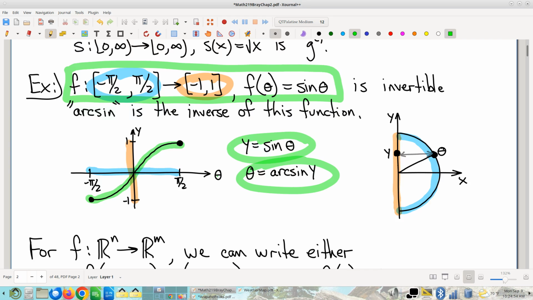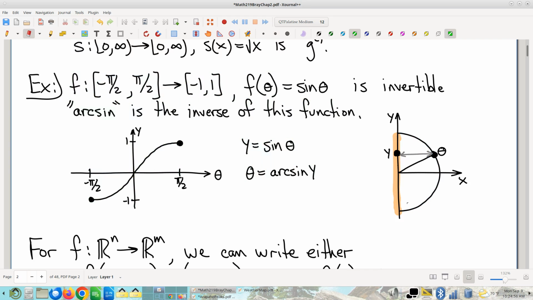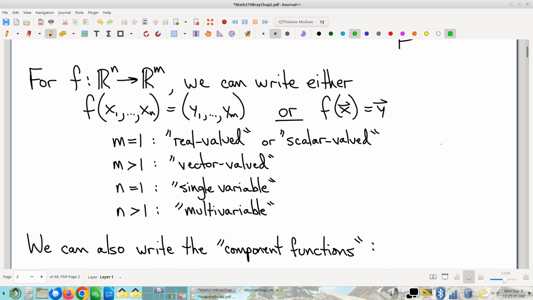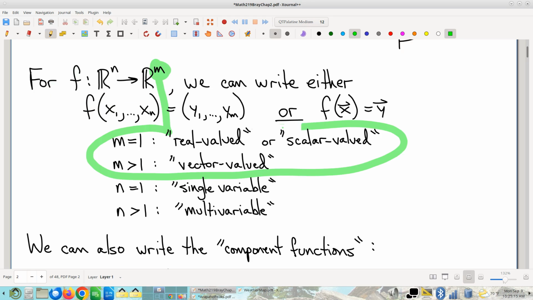Okay, now a little bit of terminology, and I'm going to go super fast through this because it's just terminology. Take the time necessary to read this well enough to make sure you're comfortable with all this. But when you have a function with possibly several inputs and possibly several outputs, just look at how many outputs you have, and depending on whether there are just one or possibly several outputs, we describe the resulting function as being either real valued or vector valued.